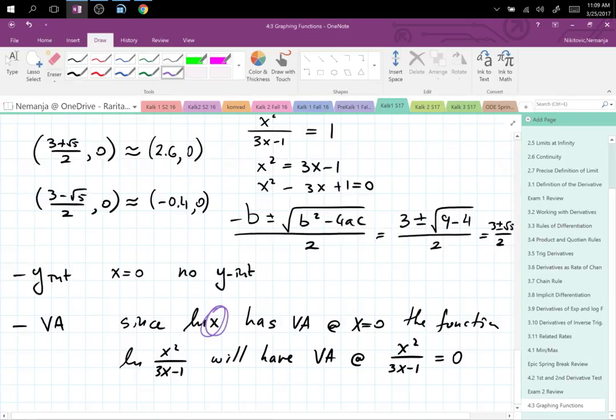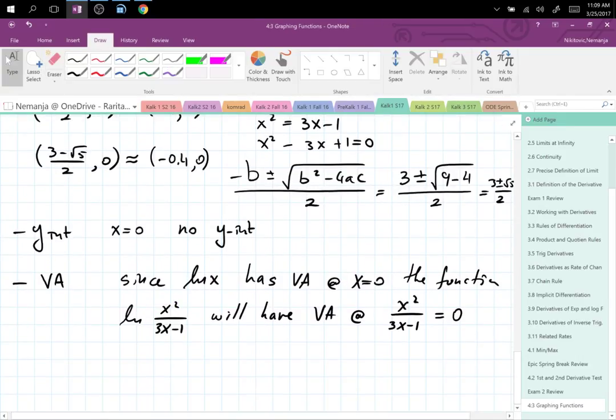The argument of ln x was equal to 0. So that's the same calculation technically. All right, so we got that part. And that calculation gives us 0. So we have the vertical asymptote at x equals 0.